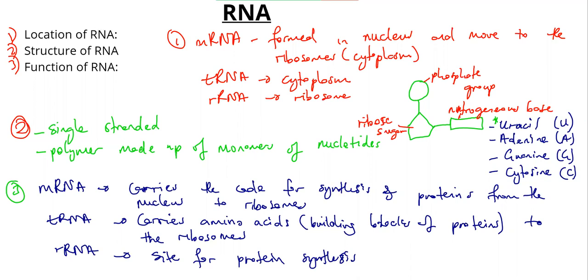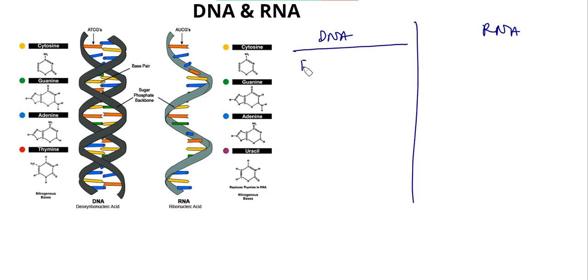Let's move on to the last slide, where we compare the DNA and the RNA. We have the DNA here, then we have the RNA there. Your DNA is a double helix, double stranded. This RNA is single stranded.